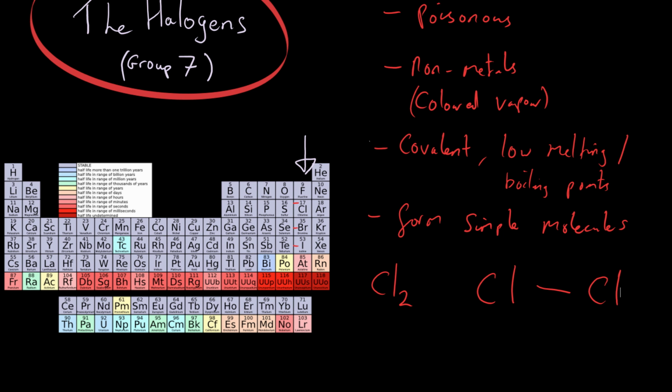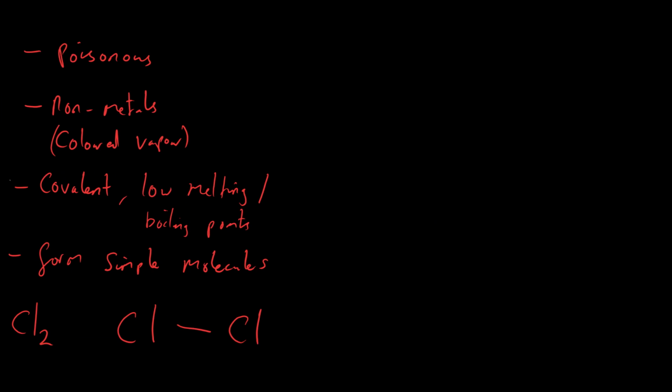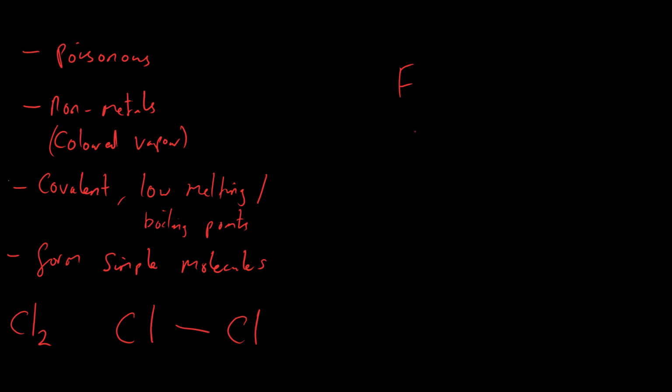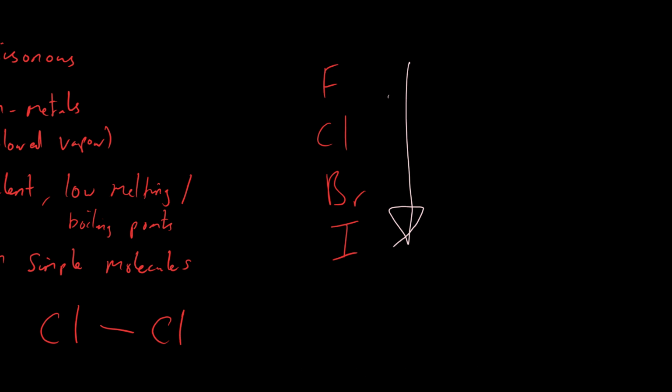Okay, now as we go down the group, so if we had fluorine, chlorine, bromine, iodine. Okay, moving down the group, let's do this in a different colour. As we move down the group, the melting and boiling points, so I'm just going to write MP and BP for short, MP and BP increase.